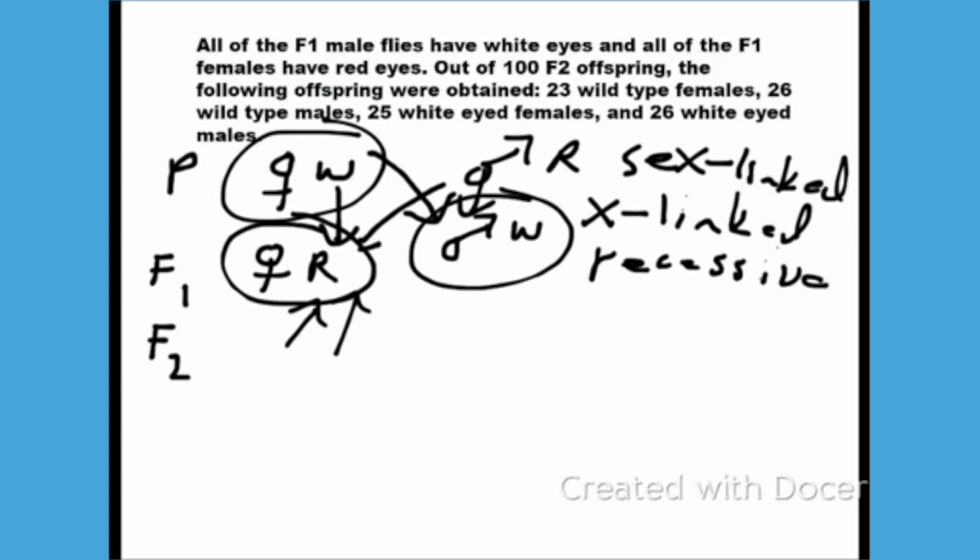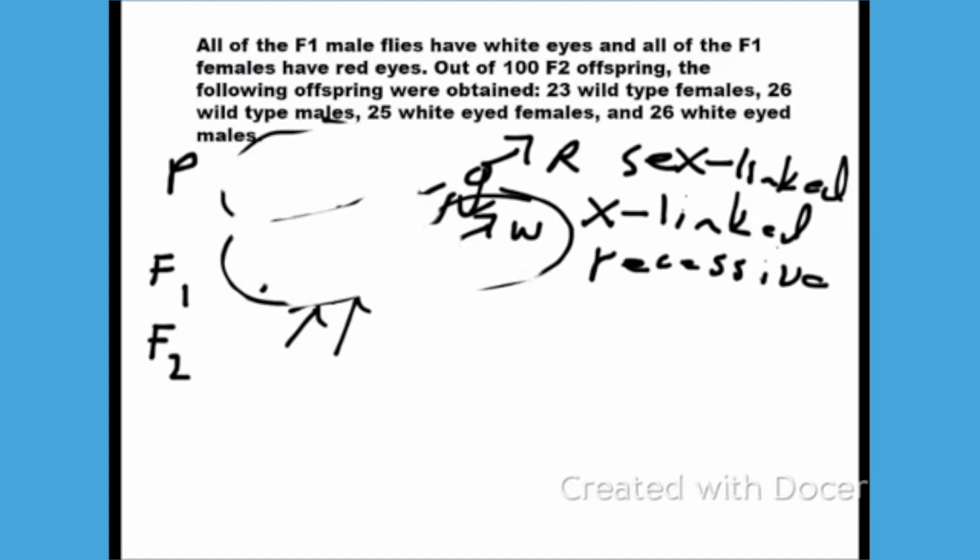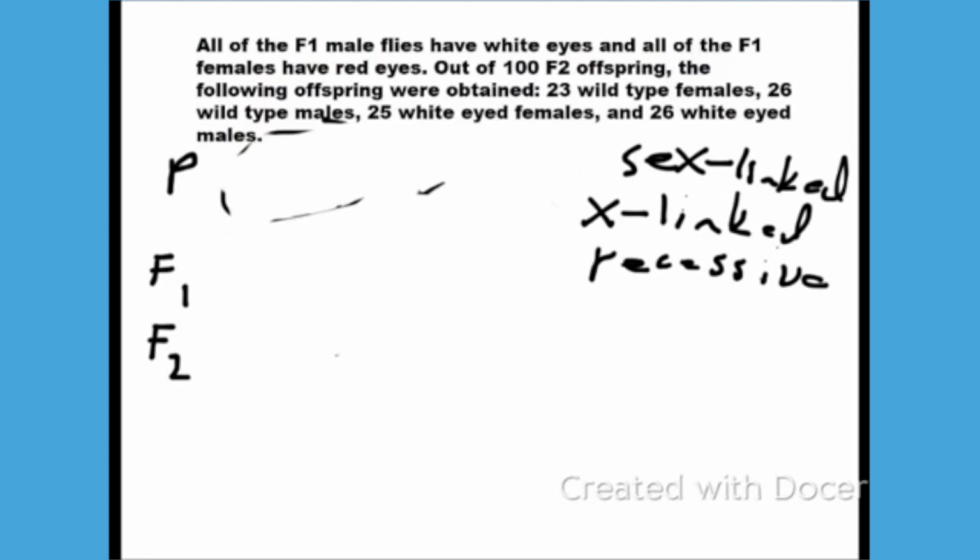So let's write out some genotypes here. In our P generation, our female, which we need to show our sex chromosomes since we're talking about X-linked traits, was homozygous for white eyes, which we now know is recessive.